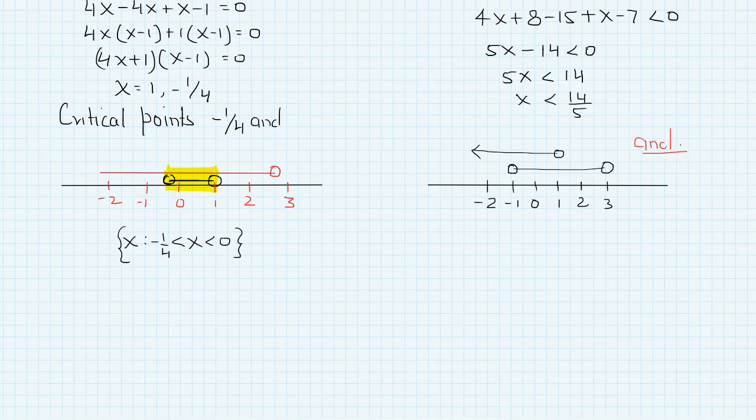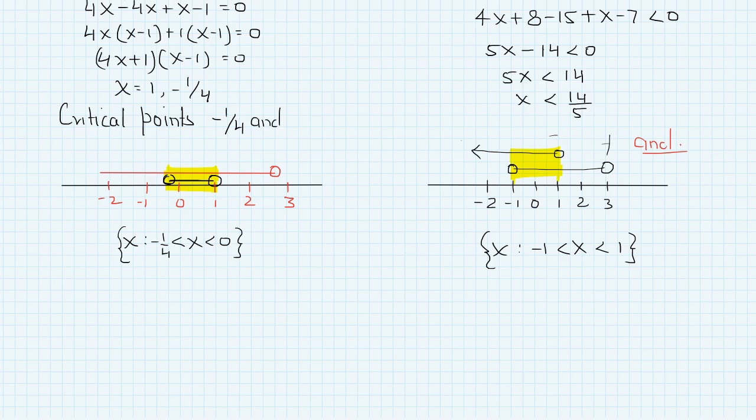AND means a common portion. So only this one. So the solution would have been x such that x is greater than minus 1 and x is less than 1. This would have been the solution if it is AND. Had it been OR, so OR means this complete, this side up to here.